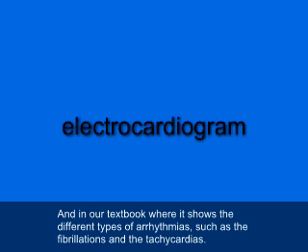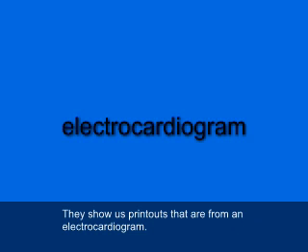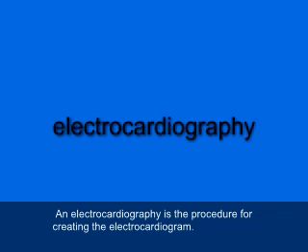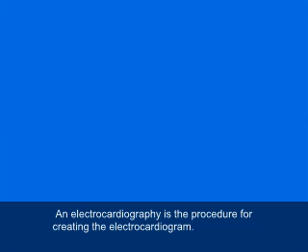And in our textbook, where it shows the different types of arrhythmias, such as the fibrillations and the tachycardias, they show us printouts that are from an electrocardiogram. And again, electrocardiogram is the printout itself, it's the record, and electrocardiography is the procedure for creating the electrocardiogram.